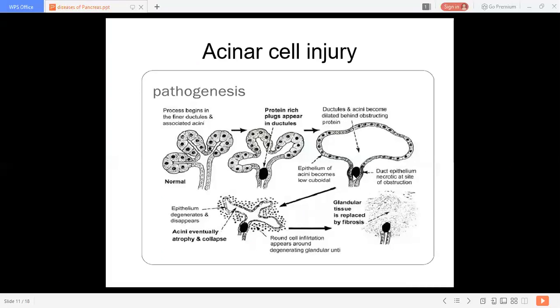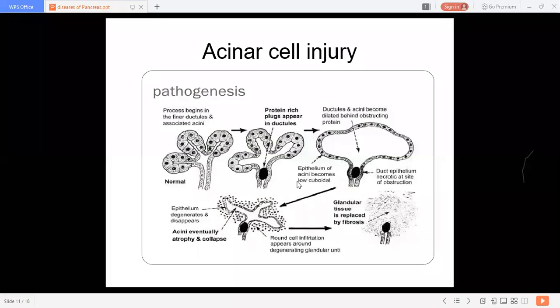Here are the necrotic changes. Now there is a histological change: the epithelium of the acini becomes low cuboidal, that is, flattened, square-like cells. The epithelium degenerates and disappears. The acinar epithelium degenerates, the acini eventually atrophy and collapse. This furthermore gives rise to fibrosis.